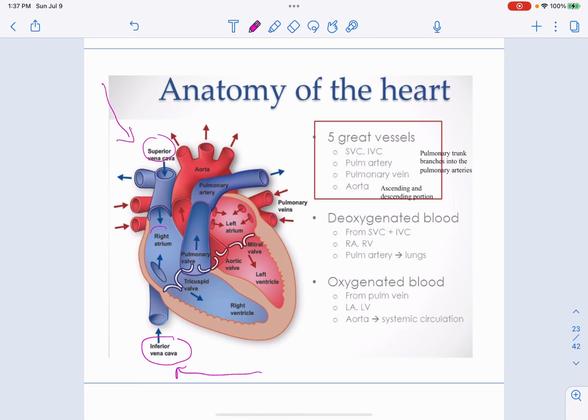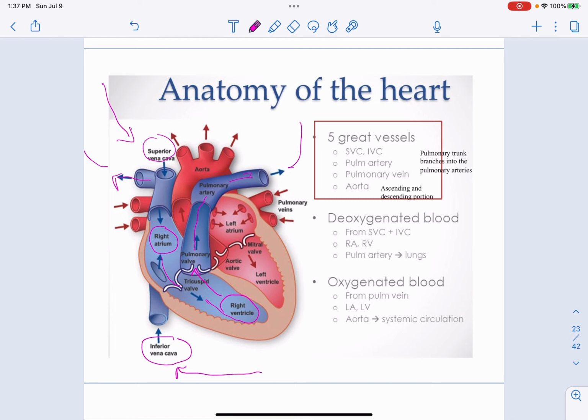That blood is then going to head into the right atrium, pass the tricuspid valve, and enter the right ventricle. From there, it's going to pass the pulmonary valve, go to the pulmonary artery, and head toward the lungs to get oxygenated.